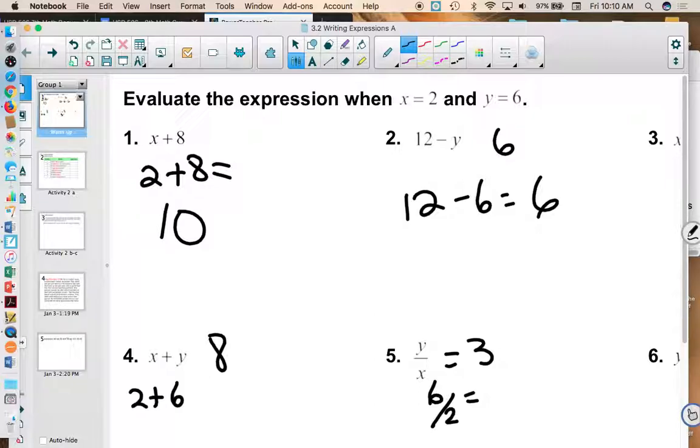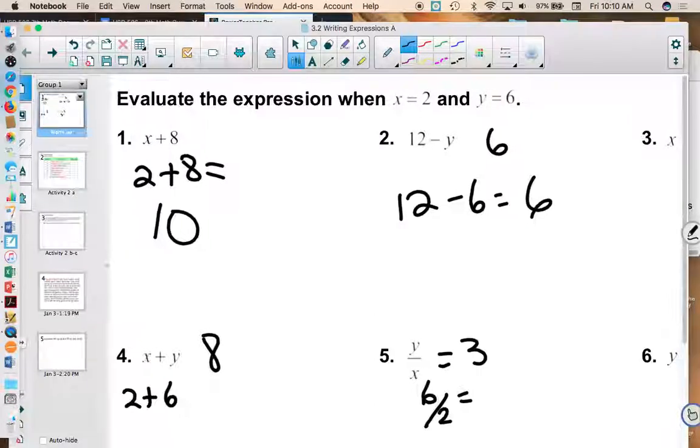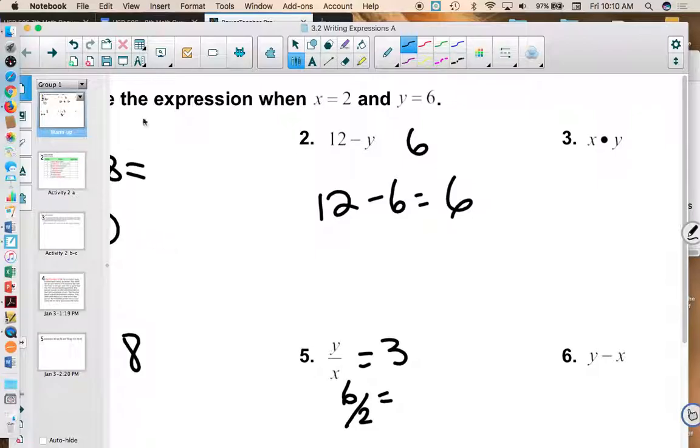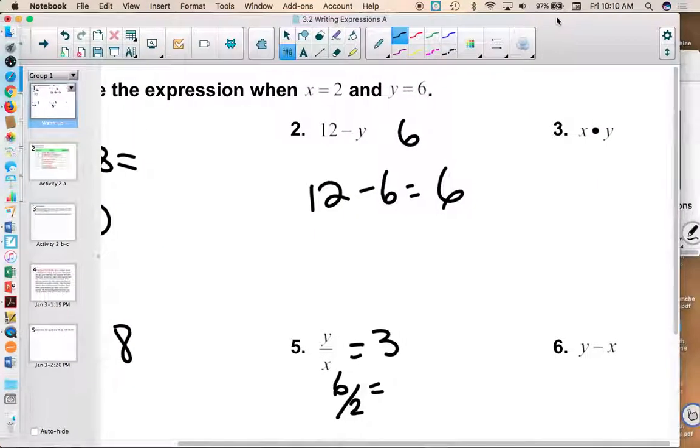Let's do number 3. We'll do 3 and 6. Brayden, x times y equals what? 12.